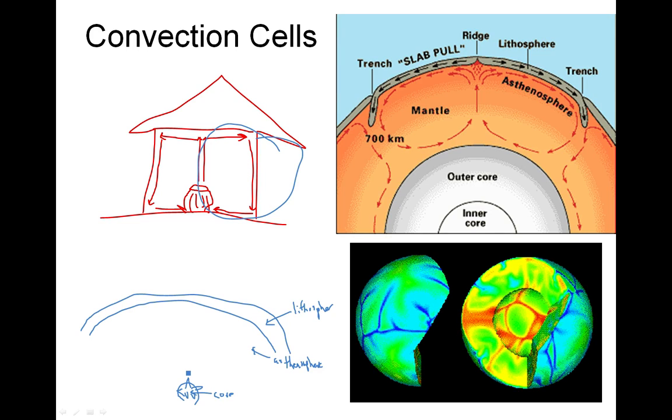When the magma gets hot, what's it going to do? It's going to rise up because it's less dense. So the magma gets hot and it rises up. It hits the underneath of the lithosphere.